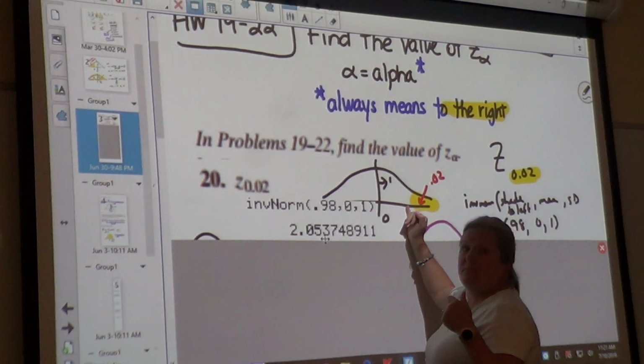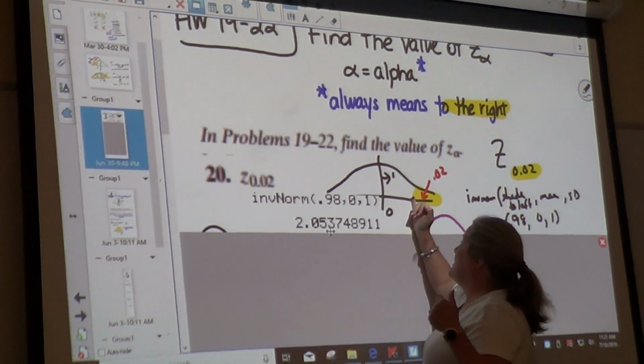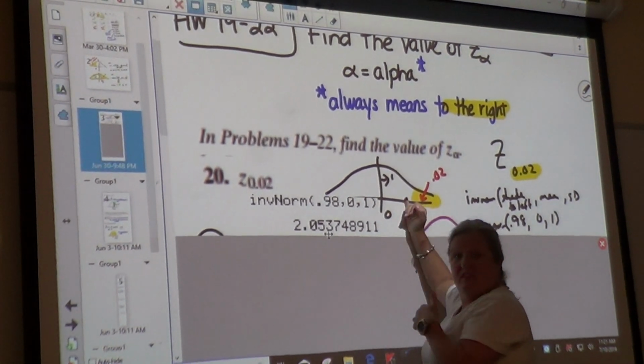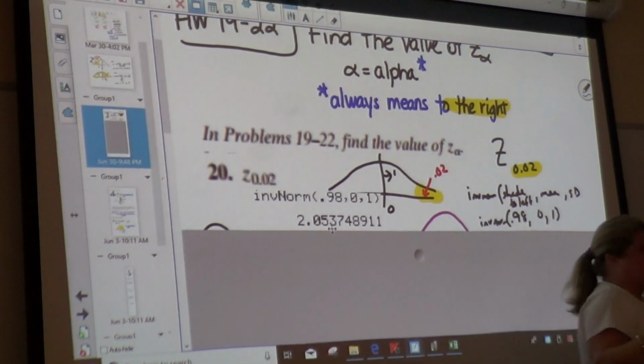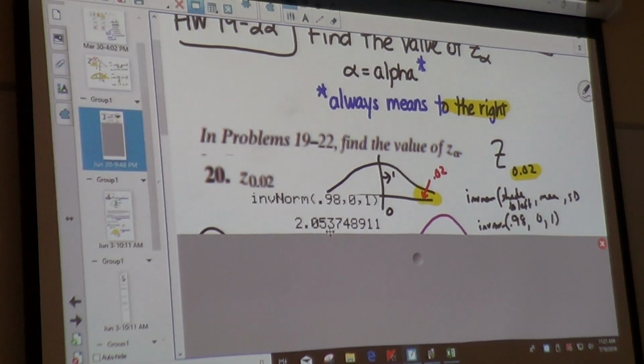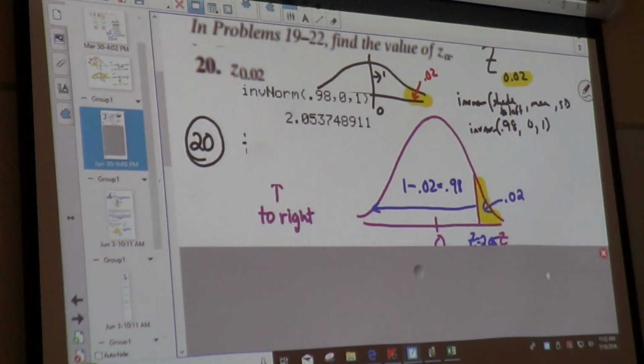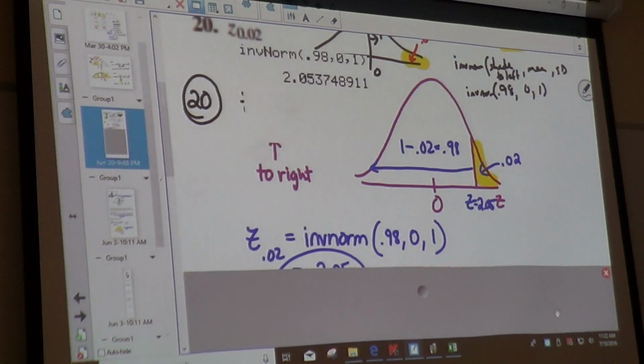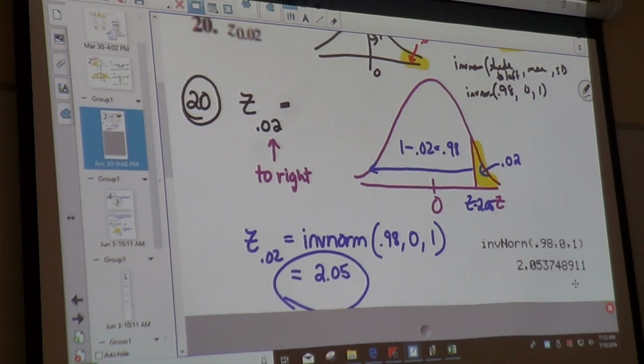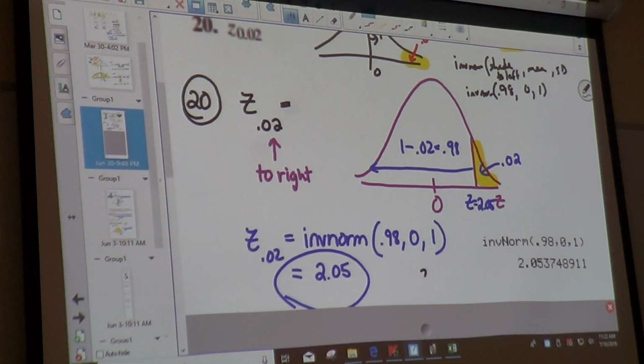That's telling me that my Z-score is going to be a little over 2 jumps to the right of the mean, which makes sense. And let me come down so that I can show you the prettier version. So that's telling me that my Z-score is 2.05, which is where that is. Cool?